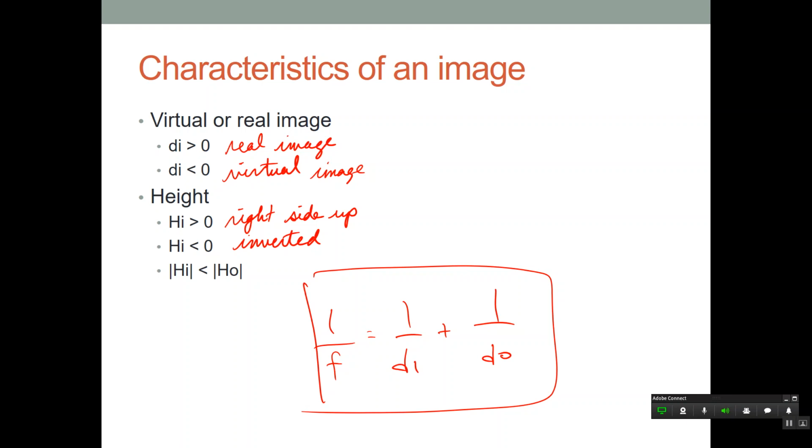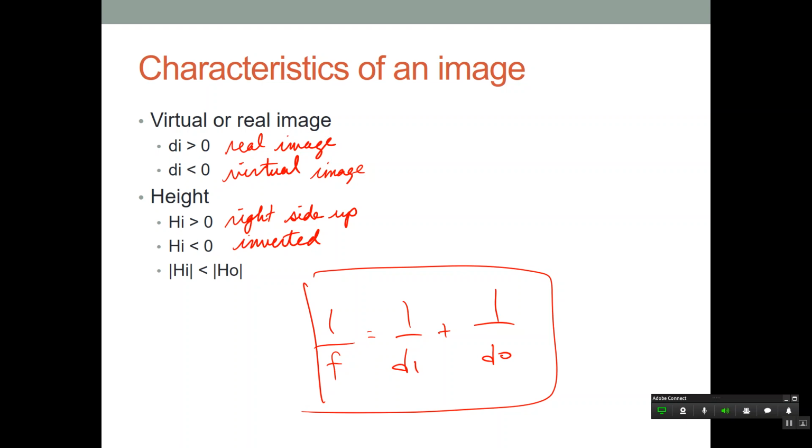And lastly, what does it mean if the absolute value of HI is greater than the absolute value of HO? The height of the image versus the height of the object, ignoring whether it's inverted or not. We're talking about it shrinking or being magnified. Yeah, in this case, it would be shrinking. What's the opposite of magnified? Shrinking sounds awful. Demagnified, is that a thing? Looks smaller.